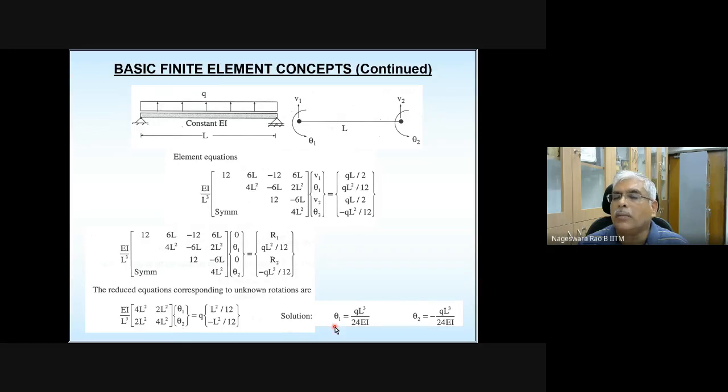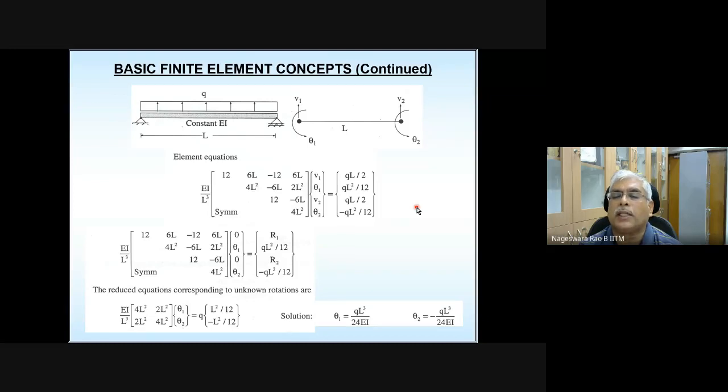Theta 1 turns out to be this, theta 2 turns out to be this. Please take a note of it. I'm telling you repeatedly, unless you take a note of it, you will not understand properly. Okay? And now you see theta 1, theta 2, and small v1, small v2 are 0.